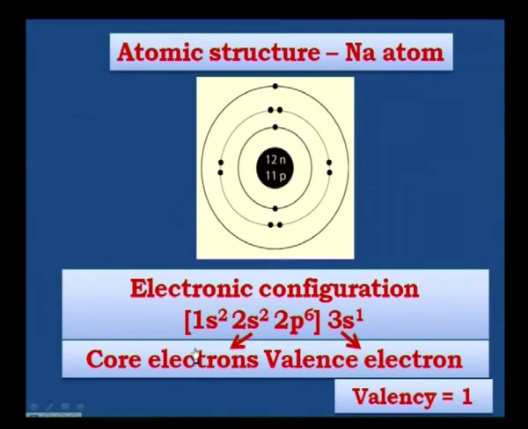The electronic configuration comes from the atomic number 11. So, it is 1s2, 2s2, 2p6, then 3s1. These are all things which one studies in high school. Again, the electrons within the square bracket are the core electrons, and this is the valence electron. So, the valency of sodium is again 1.